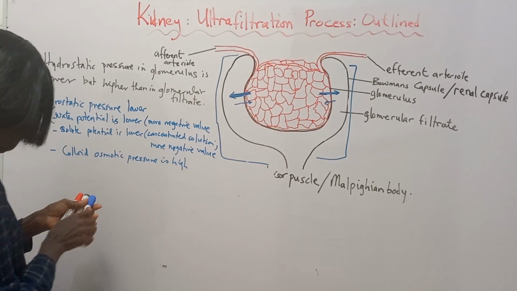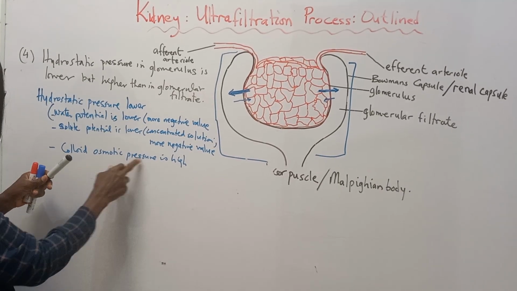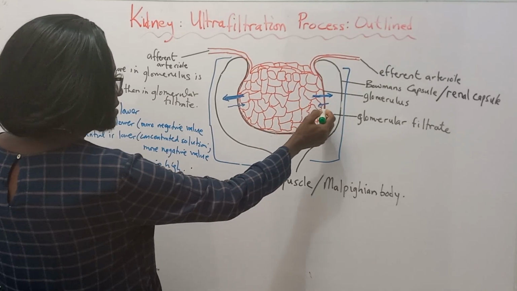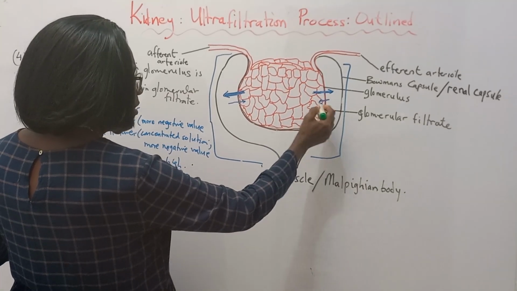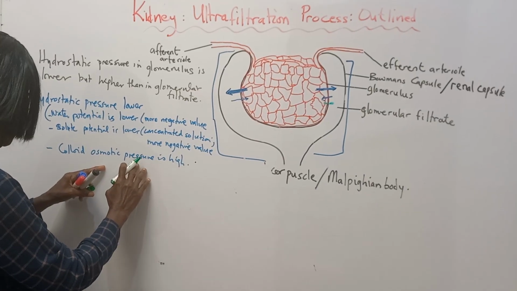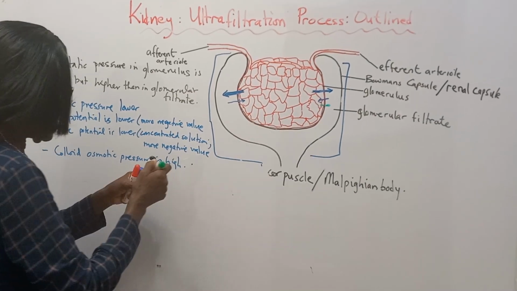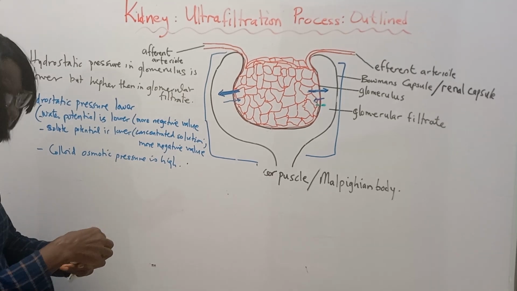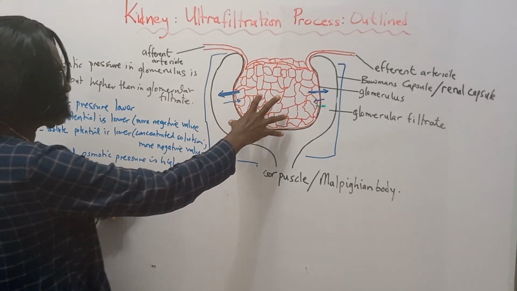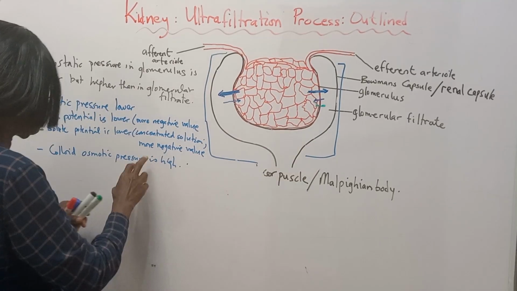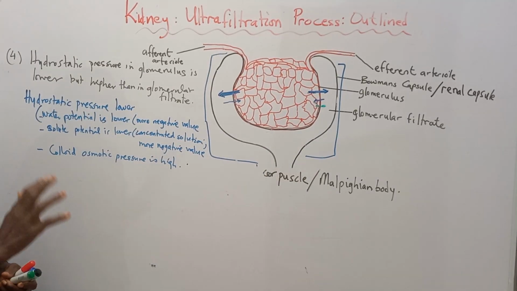And so because the colloid osmotic pressure is high, there's a tendency of water to be pulled from the glomerular filtrate into the blood. And so the colloid osmotic pressure is the force that resists filtration. It will want to take water back into the glomerulus. This is the pressure that resists filtration.